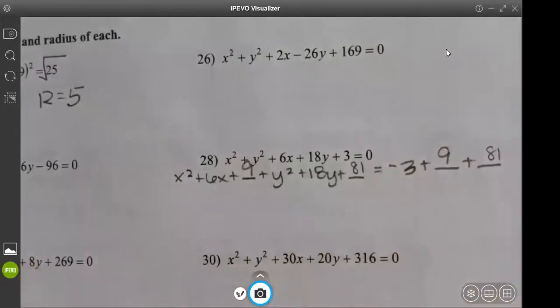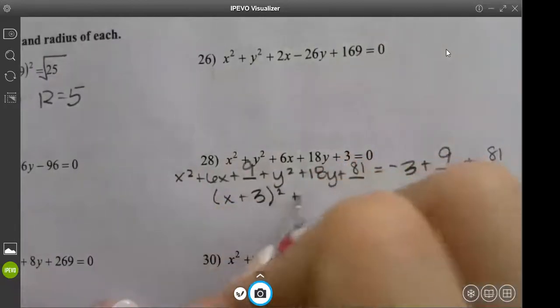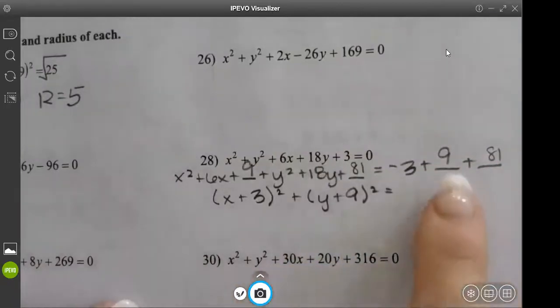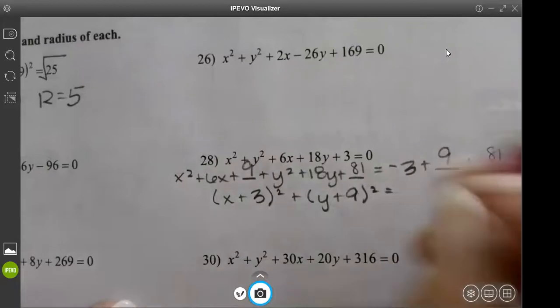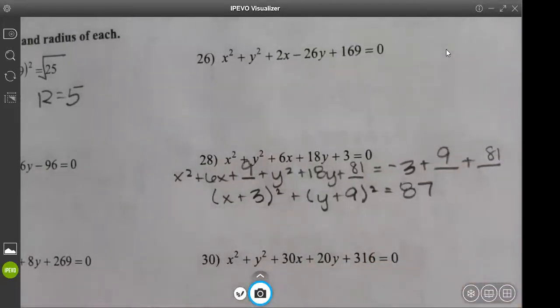Squared is 81. Rewrite: (x plus 3) squared plus (y plus 9) squared. 81 plus 9 is 90 minus 3 is 87. What is your center?